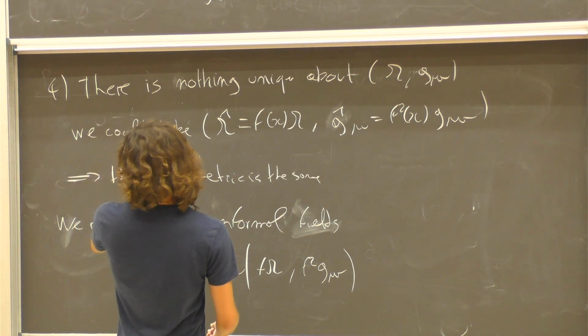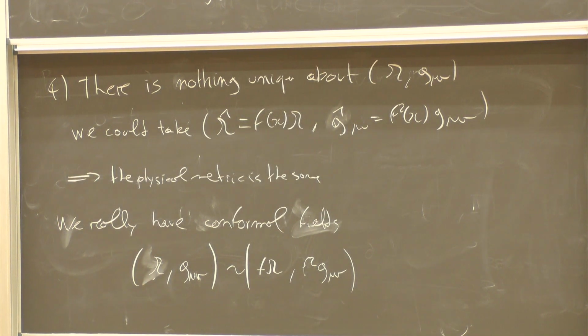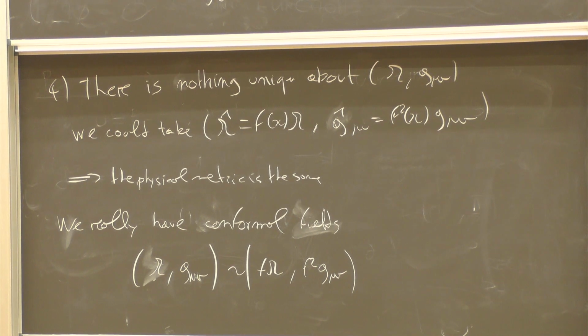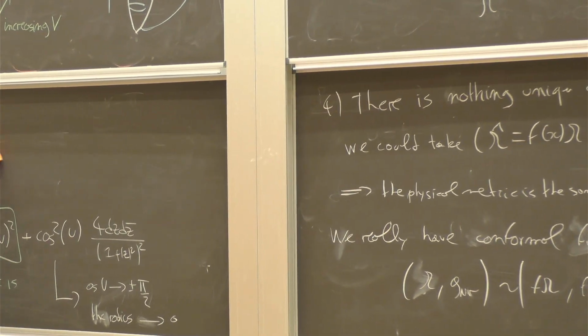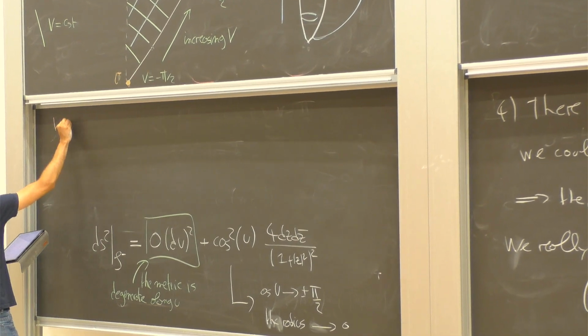So in particular, at the boundary, yeah, let me write this here. So in particular, the normal to scri is not unique.